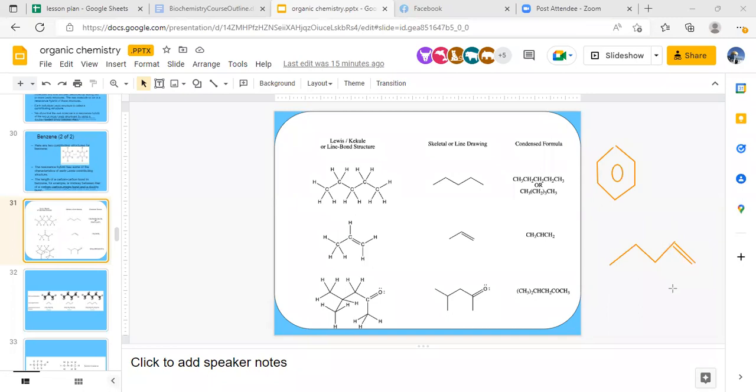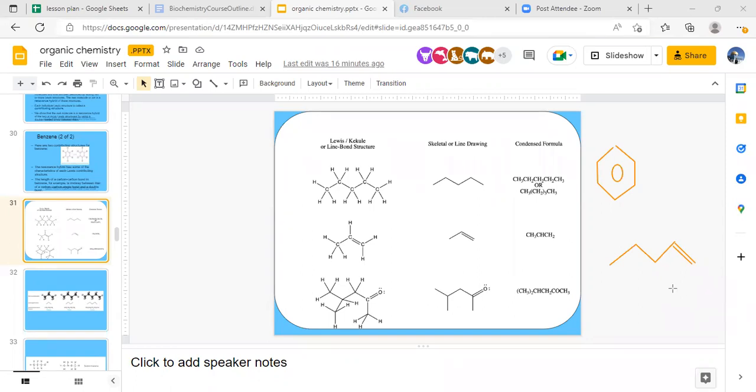So what will its formula be? Just the molecular formula, so just carbon and hydrogen. Okay, who can guess the molecular formula?